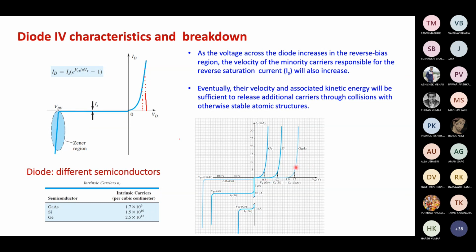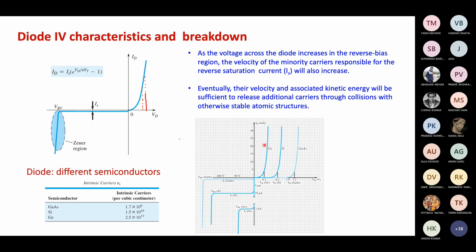At the same time, the forward current is also less for the same applied voltage. If we apply the same voltage on silicon and on gallium arsenide, the current is less in the case of gallium arsenide because the number of charge carriers is less.